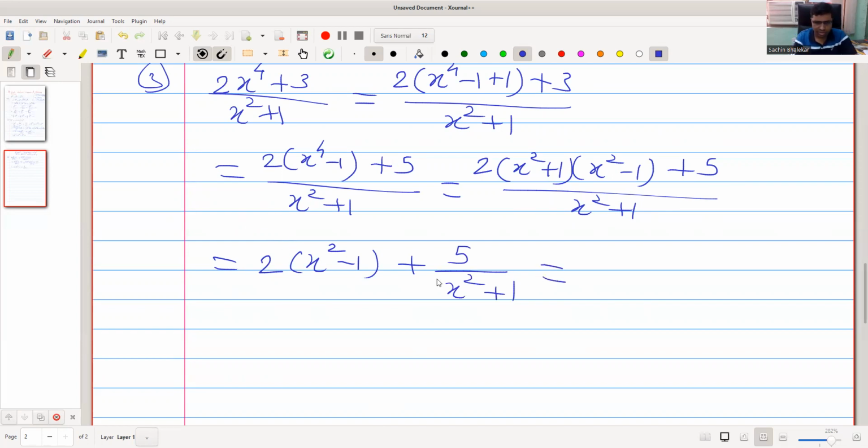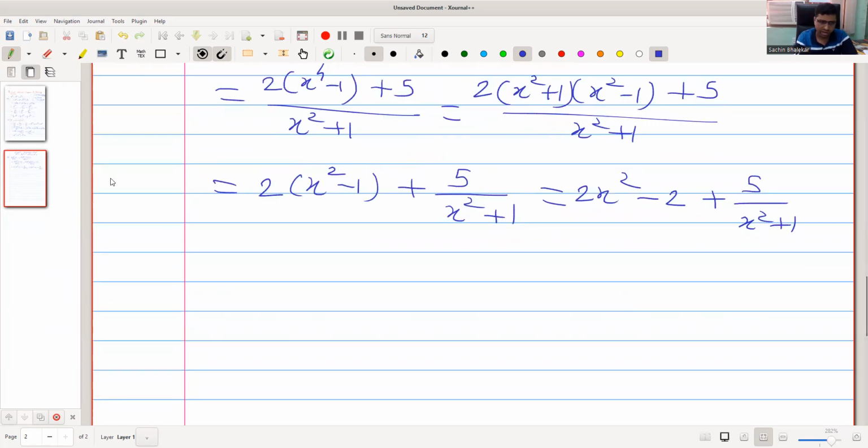Okay, and this is nothing but 2 times x square, this is minus 2, and this is 5 divided by x square plus 1. Okay, now all these terms are easy to integrate. And now we write therefore. So first we simplify the integrand and then take integral.